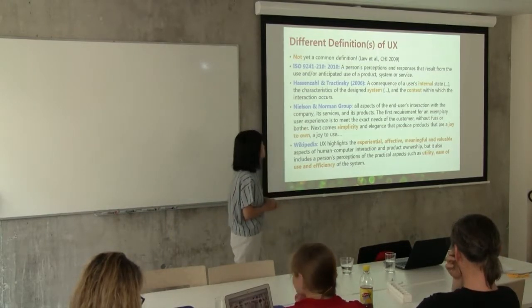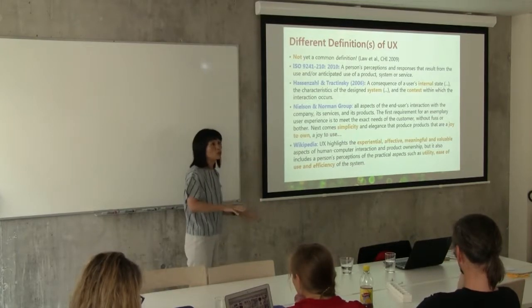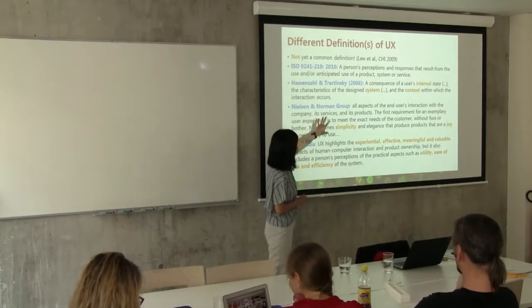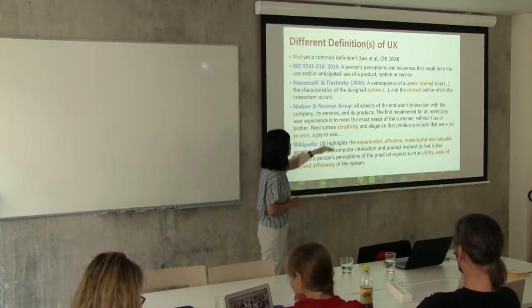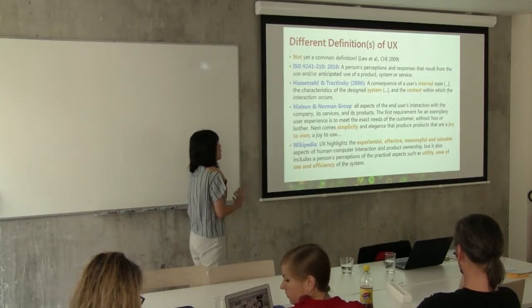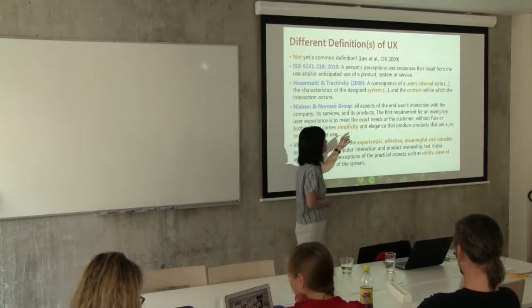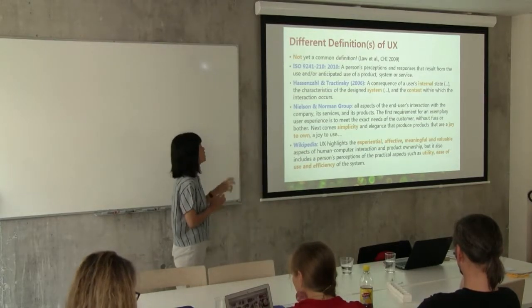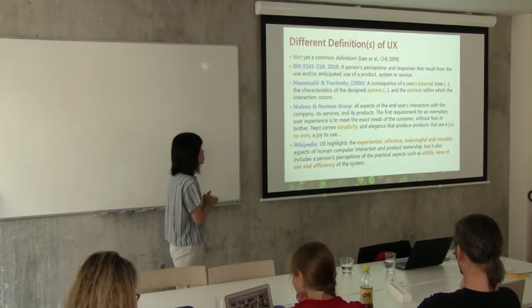Nielsen and Norman have more of an industrial perspective. I can skip the previous slide and look at this one. They emphasize simple and elegant, and they focus on a joy to own and a joy to use. This is what they think user experience should focus on.